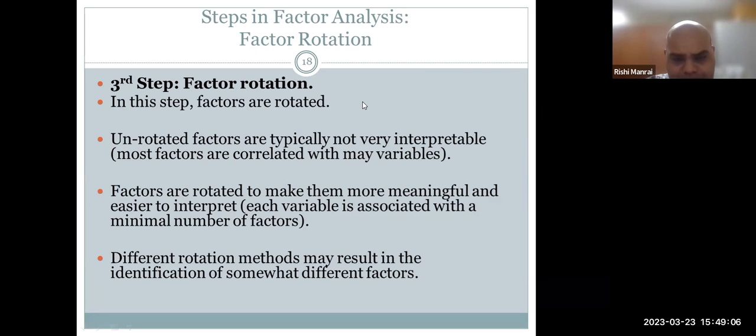So I'll continue. I was talking about this factor loading. As Mr. Sadhbir rightly explained, it is the quantum of the loading, or you can say the correlation of a particular item with a particular factor. So if a particular item is loaded on, or correlated to, more than one factor, it is not a good symptom, or not a good factor analysis outcome.